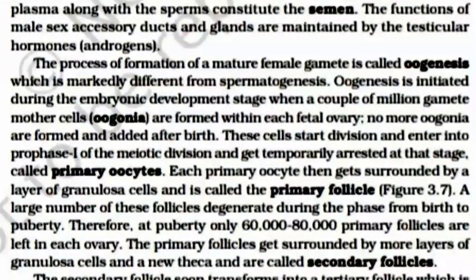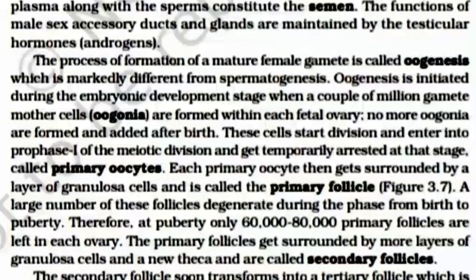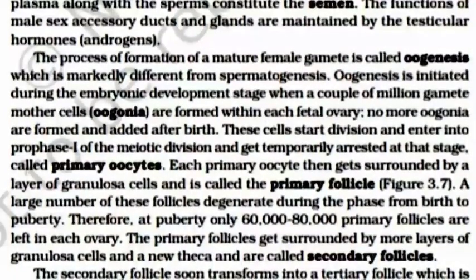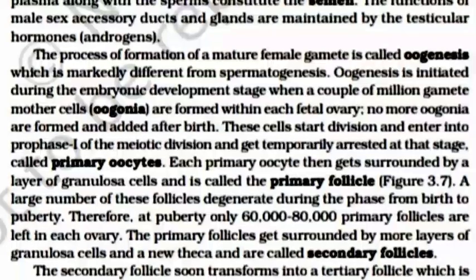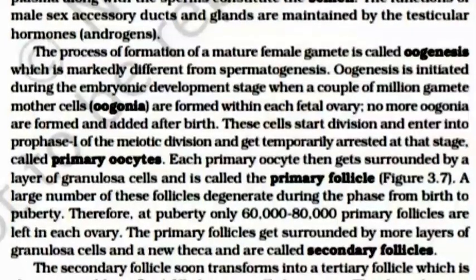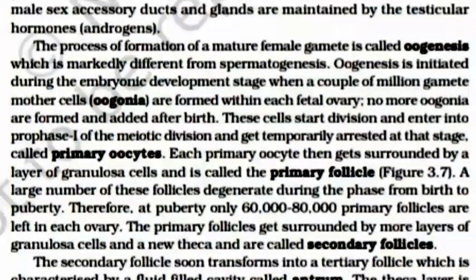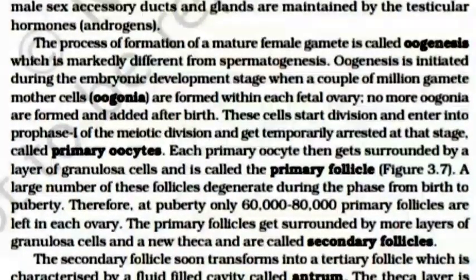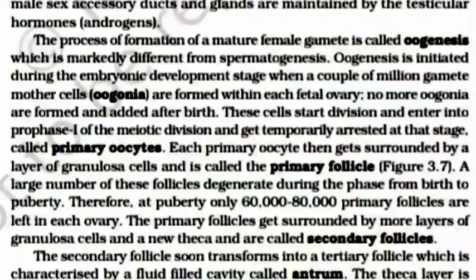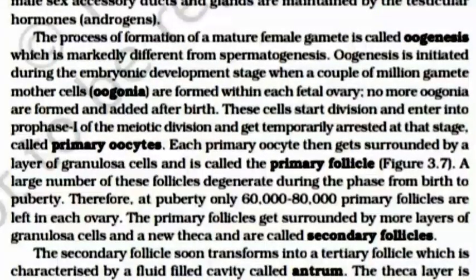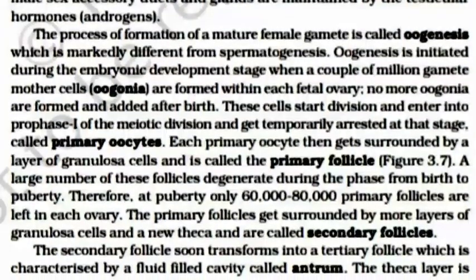No more oogonia are formed and added after birth. These cells start division and enter into prophase I of the meiotic division and get temporarily arrested at that stage.